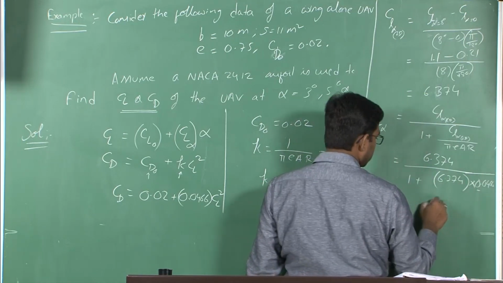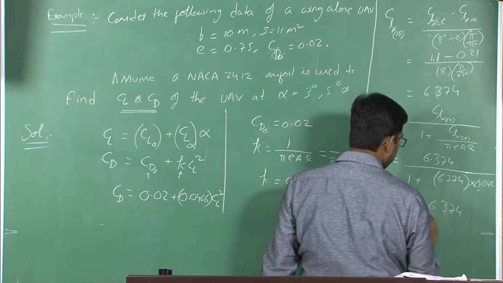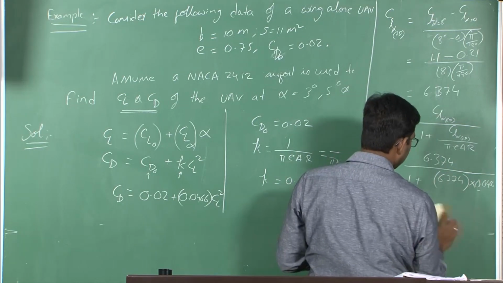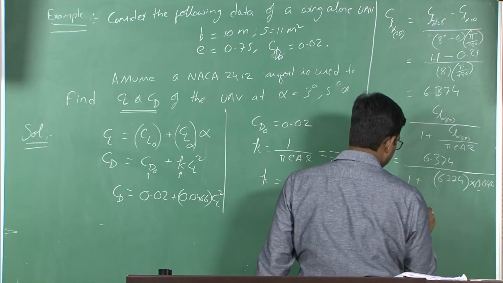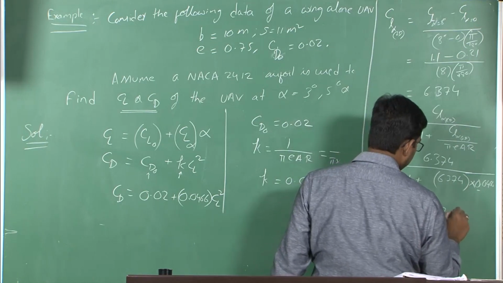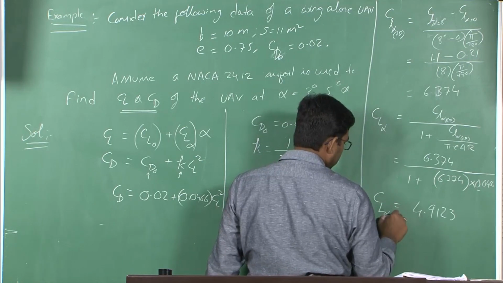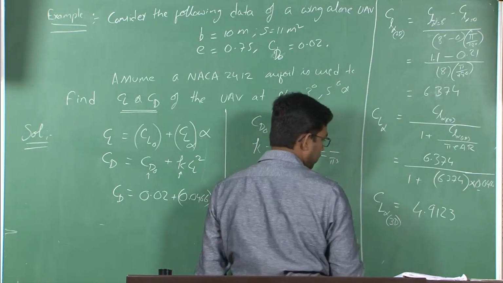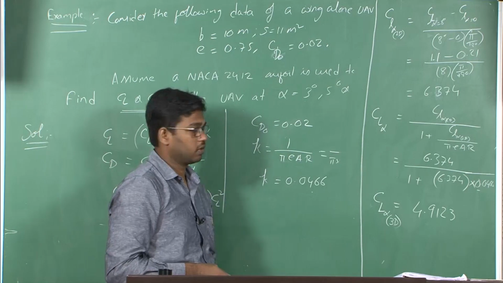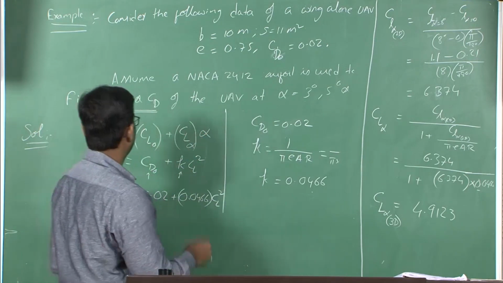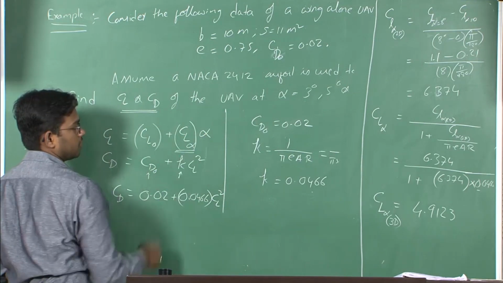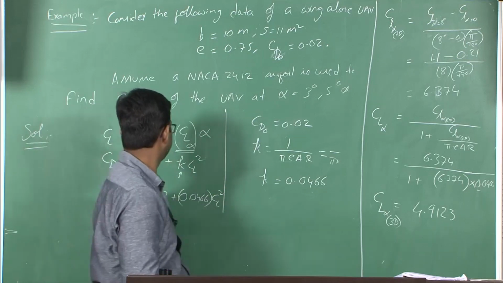This equals 4.9123. So CL alpha per radian of this entire wing is 4.9123.